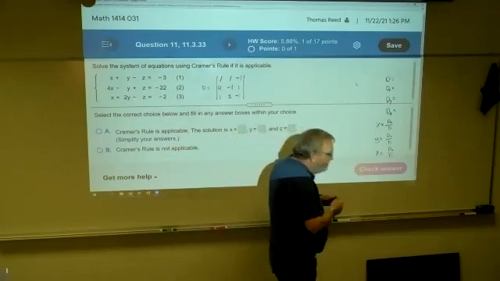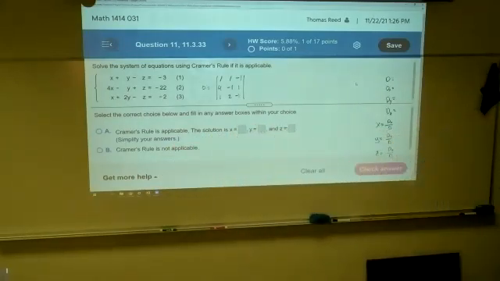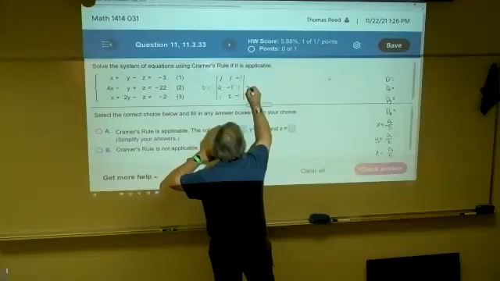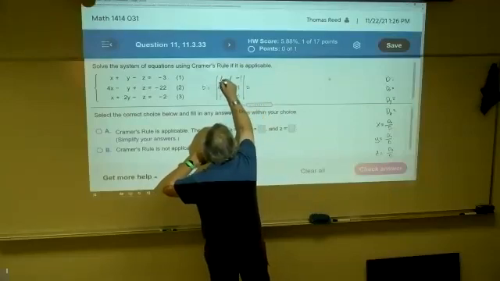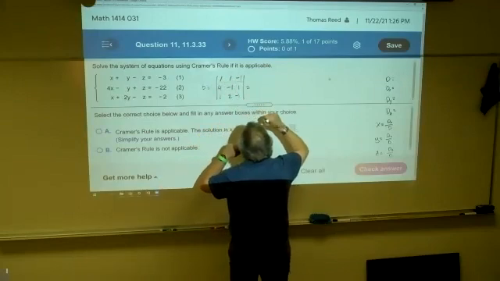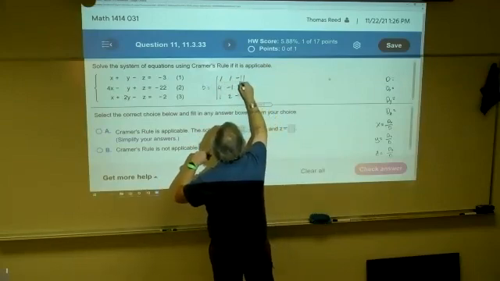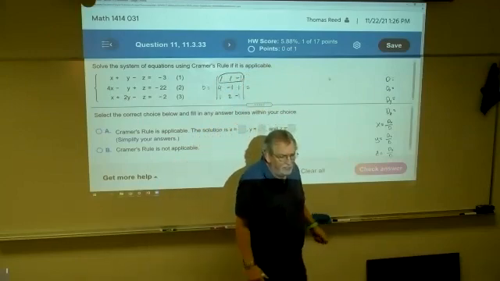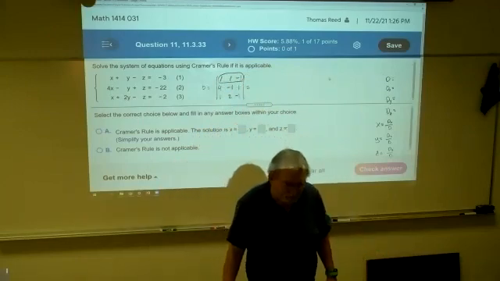No, wait a second. No, we'll keep on with this one. Using minors, I always use the first row when I do this. So I'm going to be using these numbers, and I'm going to be multiplying by the determinants of their minors.